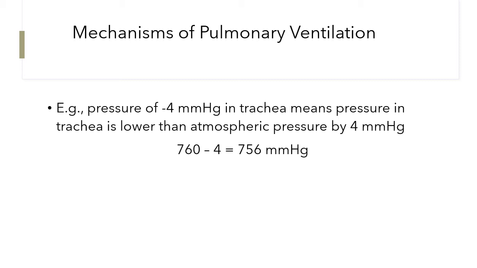How much pressure is that in the trachea? Well, I can simply take 4 from 760, and my pressure in the trachea is going to be 756. So 760 minus 4 is equal to 756. The pressure in the trachea is lower than atmospheric by 4 millimeters of mercury.